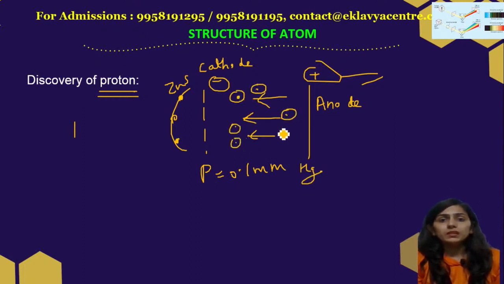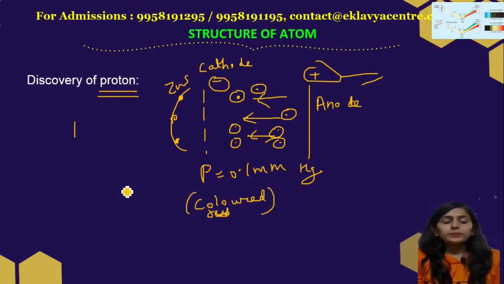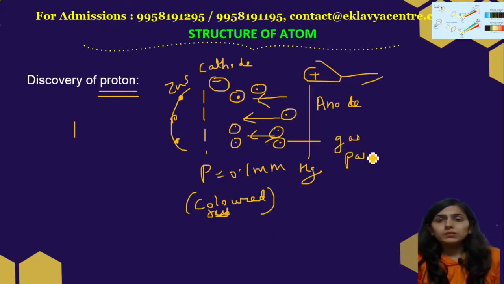And colored rays were observed this time, which were moving from the positive terminal towards the negative terminal, right beta? So these are gaseous particles, they were moving.